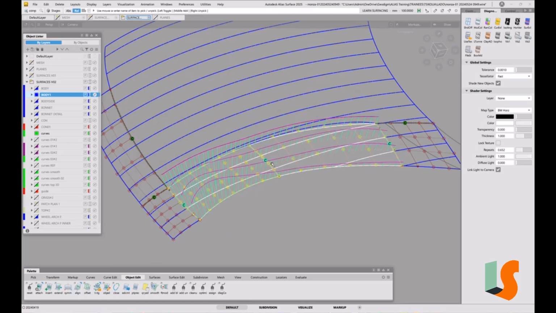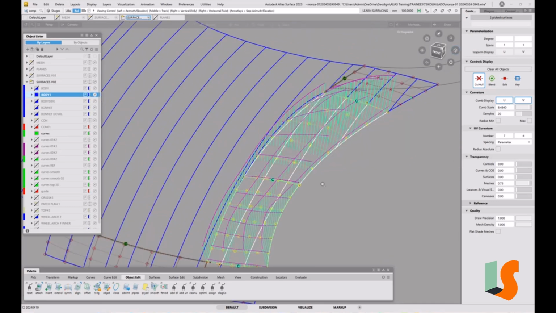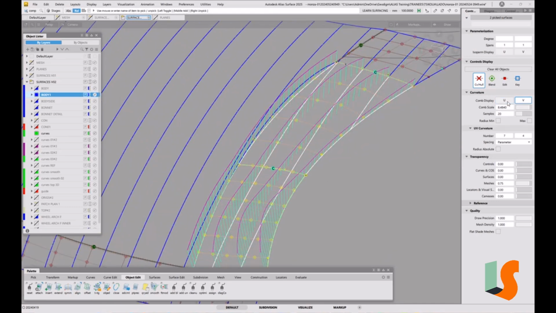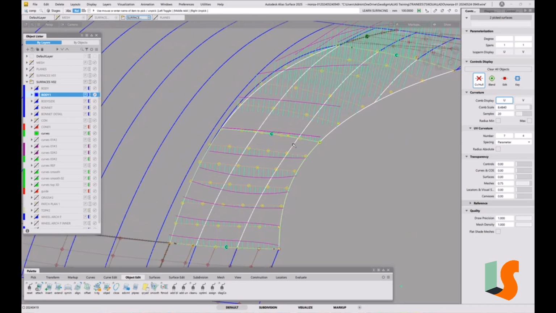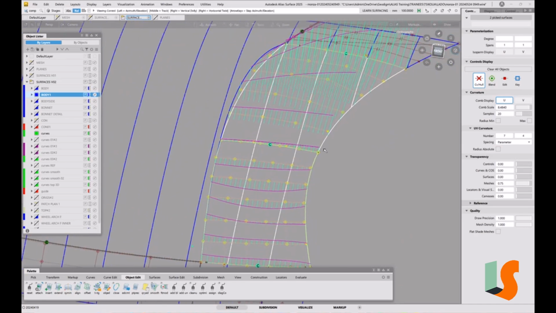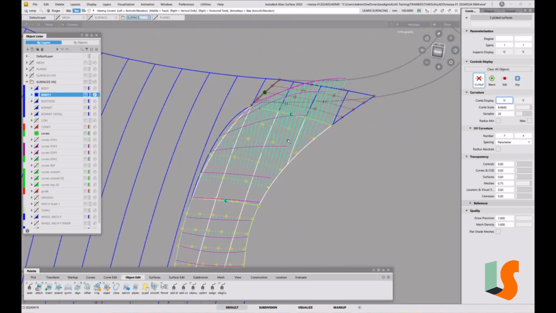And maybe what we need to do here is have a look at the curvature going the other way. So let's take the other one off, that one there. And so what's happening here is, this is the shape it is.